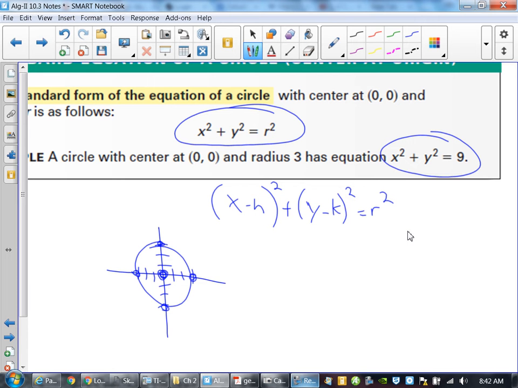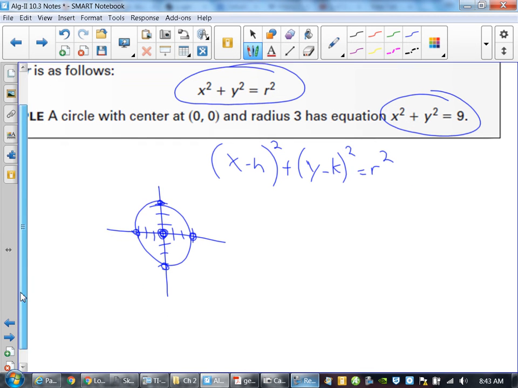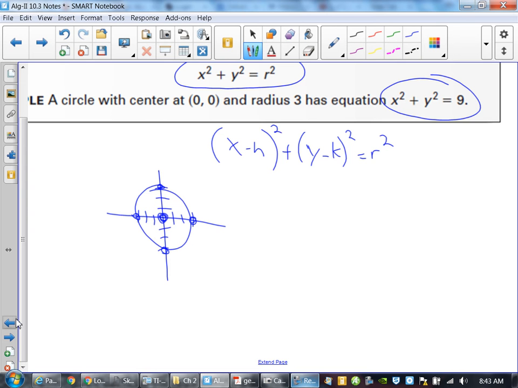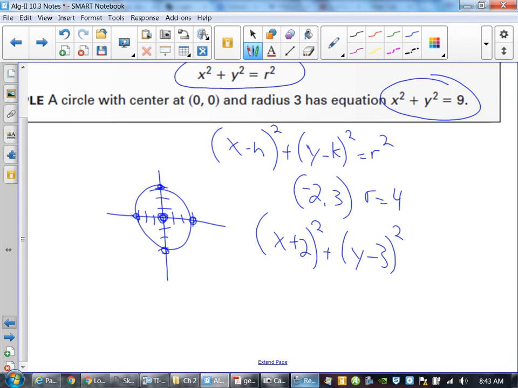Here, if I wanted to say that your center is at the ordered pair -2 and 3, my equation would be x plus 2 quantity squared plus y minus 3 quantity squared, and say it had a radius of 4, equals 16. That's all it is.